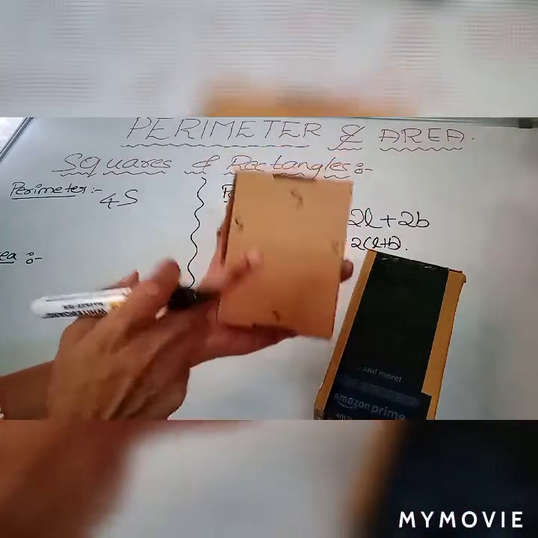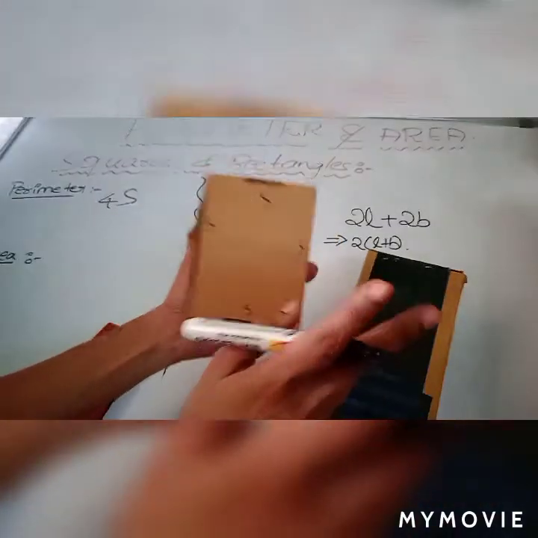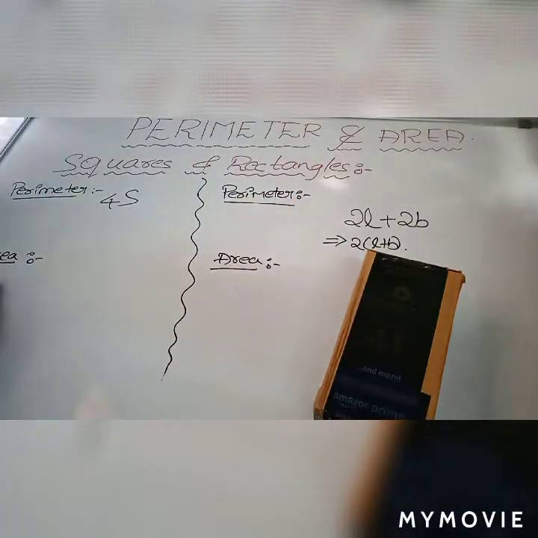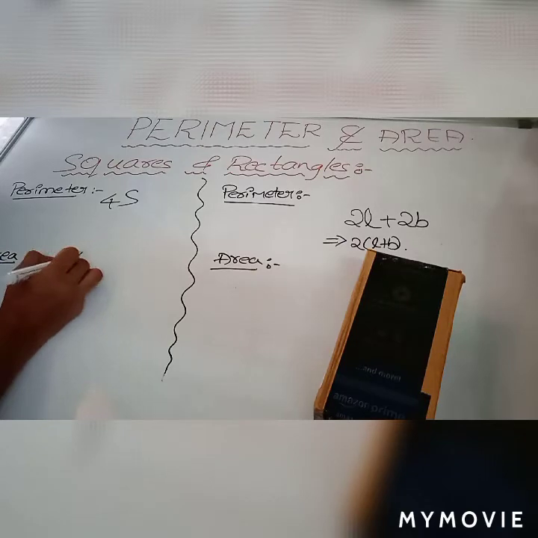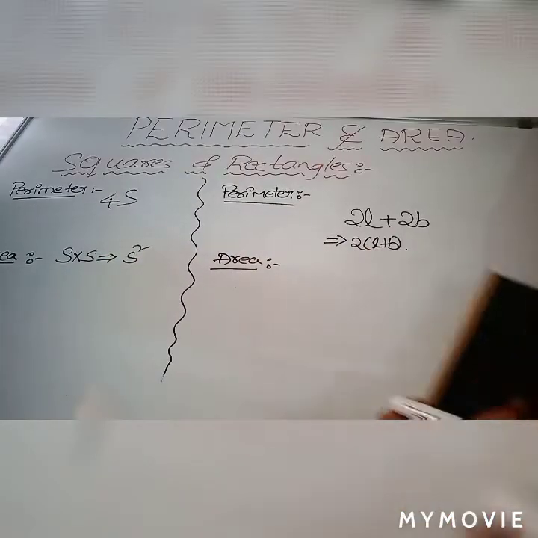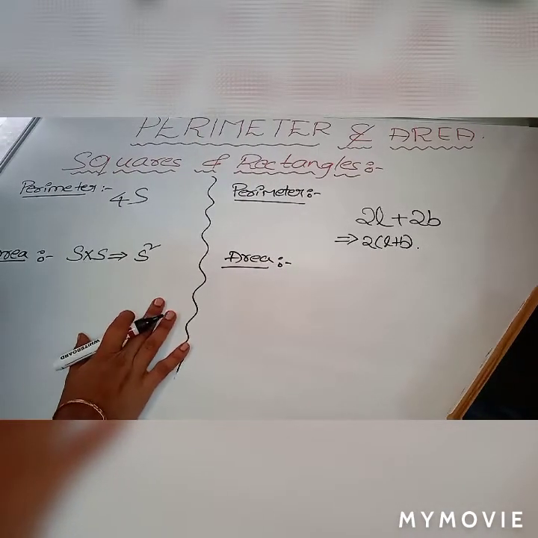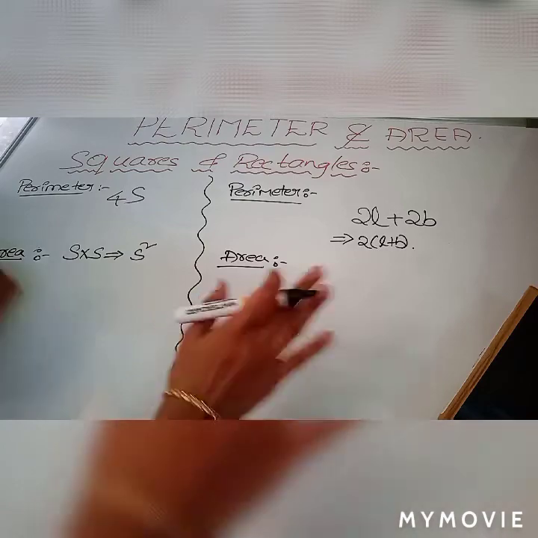Any 2 sides, either these or these. That means the area of a square is S into S, side into side, that is S square. Area of a square is S square. Next one is the area of a rectangle.